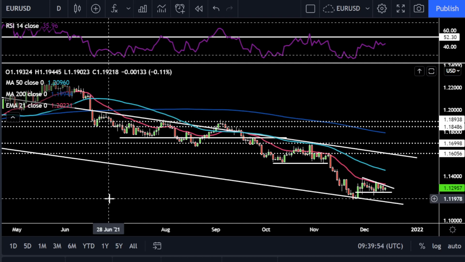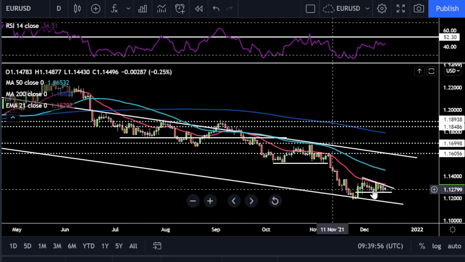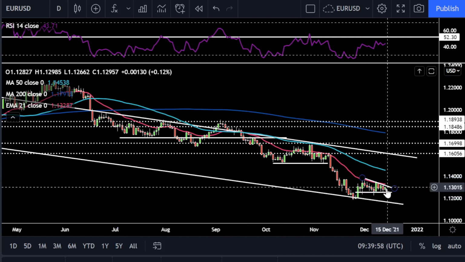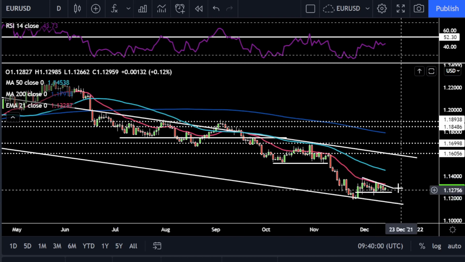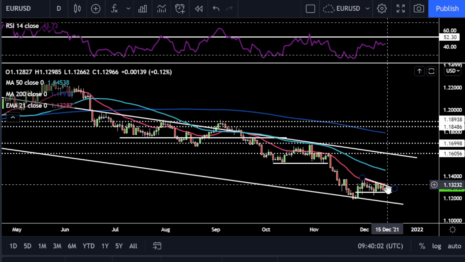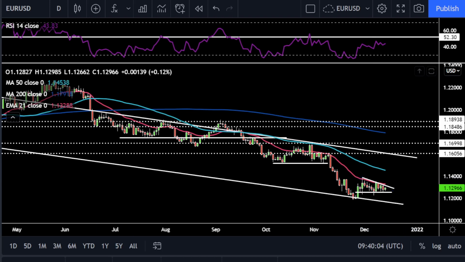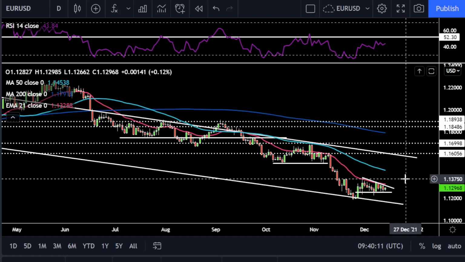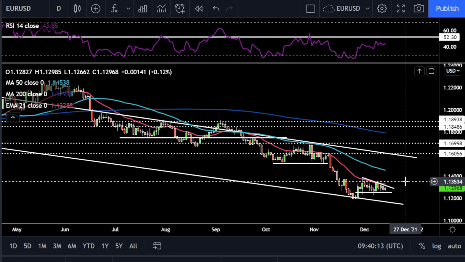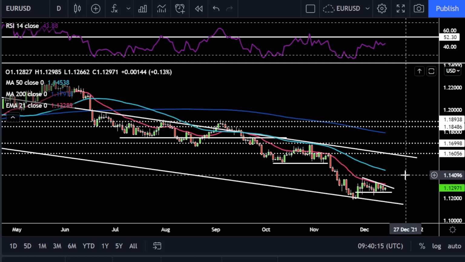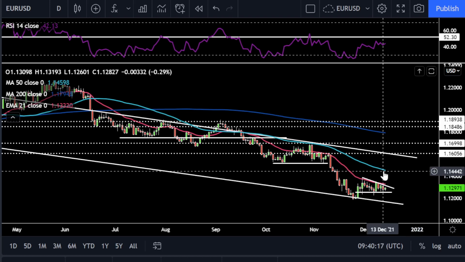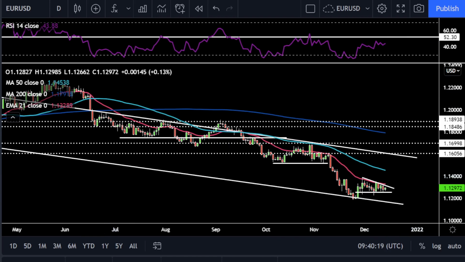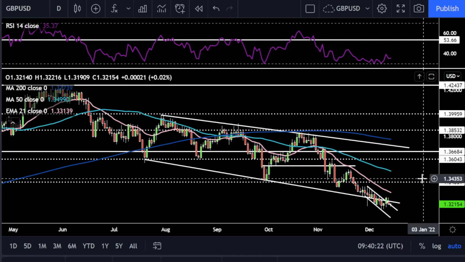So if one of those items actually does come out hawkish, we could see some bids into the euro, which could pierce that little downtrend line, get above the 21-day exponential moving average, which is at around 113.2, and potentially rally back up to close towards the 114 round number, which is just below that 50-day simple moving average.